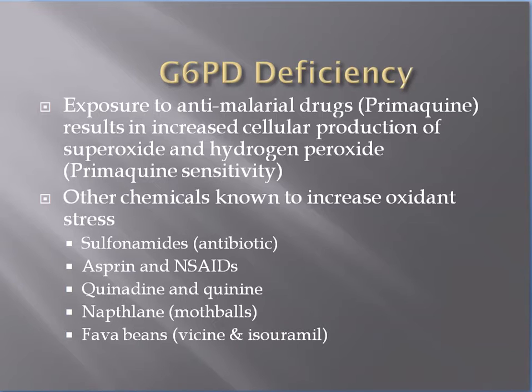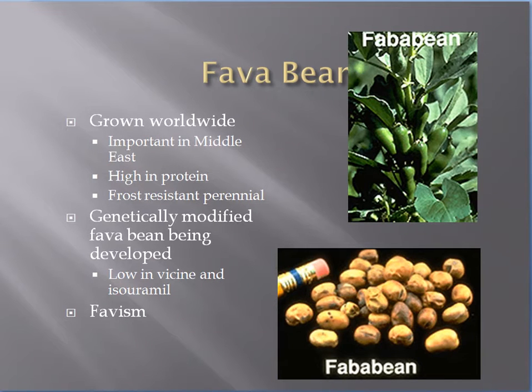Other chemicals known to increase oxidant stress include sulfonamides, antibiotics, aspirin, non-steroidal anti-inflammatory drugs, quinine, and naphthalene, and metabolites like vicine and isouramil from fava beans. Fava beans are grown worldwide and are important in the Middle East, high in protein, frost resistant, and perennial, and genetically modified fava beans low in vicine are being developed.